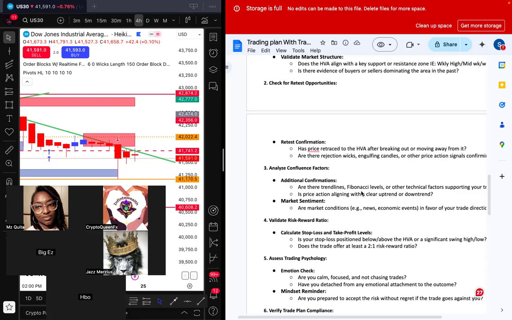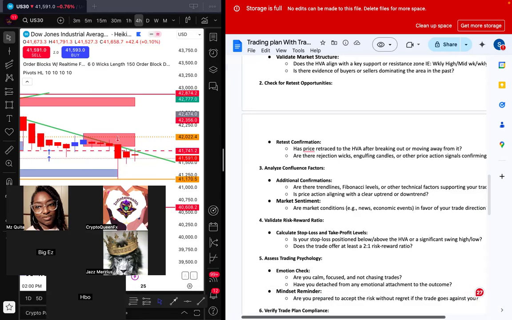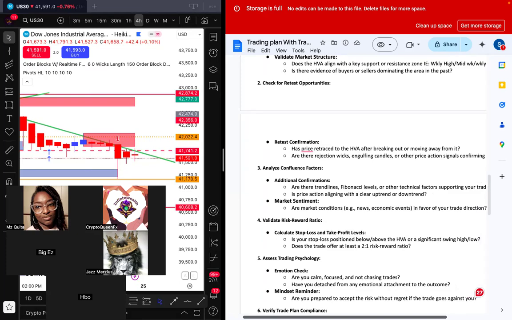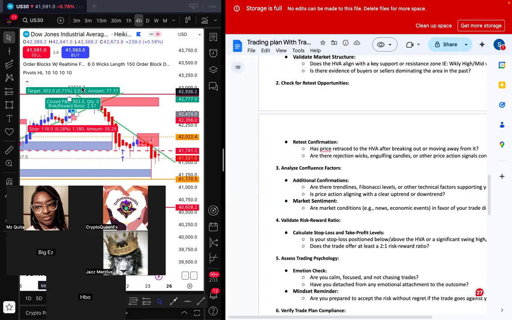Are there trend line, Fibonacci levels, or other traditional supporting factors supporting your trade setup? Is price action aligning with a clear uptrend or downtrend? This is where the trend line is. Is it not breaking my trend line?